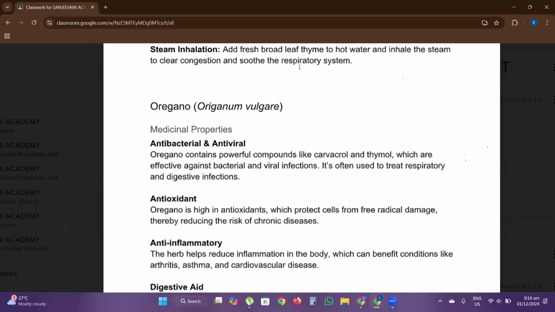This and rosemary is something that you can recommend for almost everything because of how diverse it is, how many benefits it has, and how versatile it is. A lot of people use it because it is antibacterial and antiviral. You can use it for both respiratory and digestive purposes.